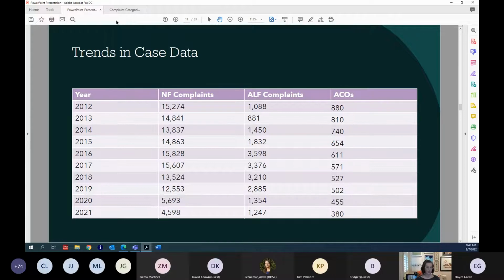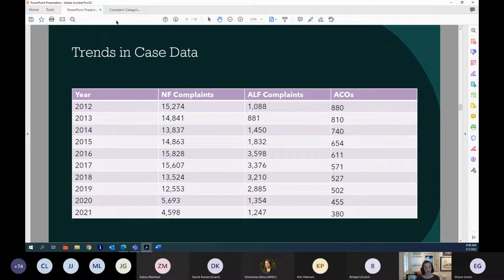Another thing I'll point out here is just the dramatic difference between the number of complaints we have reported about nursing facility residents versus assisted living facility residents. And yet how much of a difference there is now. It's actually, I mean, 1,200 complaints last year for assisted living is a very small number of complaints statewide.